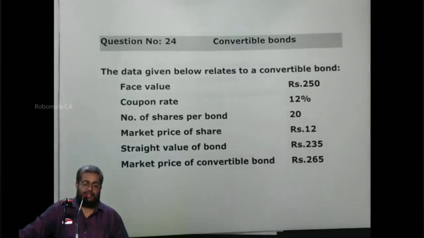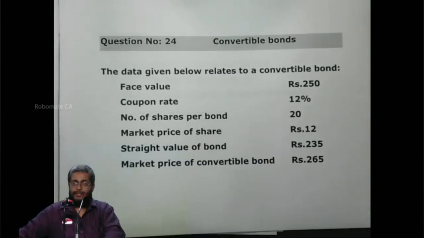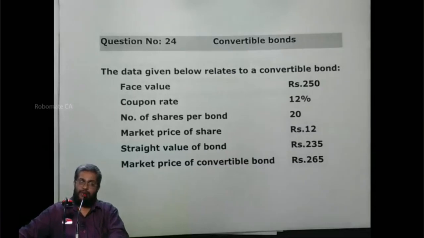Percentage downside risk is equal to convertible bond value minus straight bond value, divided by what? Convertible bond value.